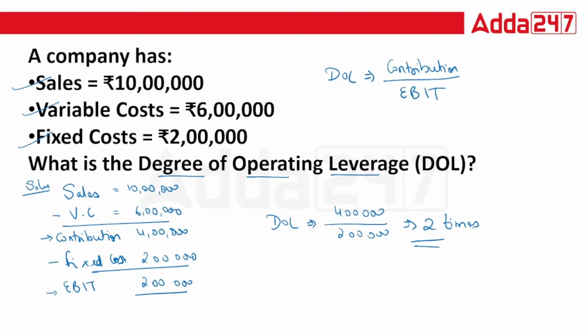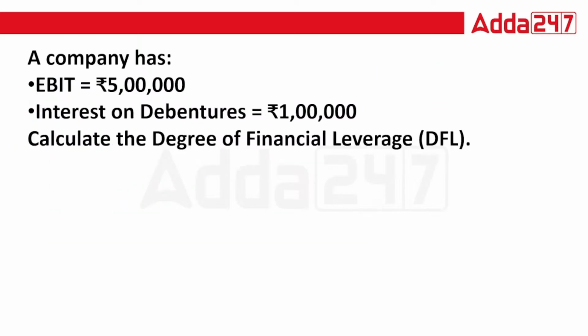Now, next question. A company has EBIT 5 lakh, interest on debentures 1 lakh. Calculate the degree of financial leverage. Okay, so again, if I tell you about the income statement, we start with sales minus variable cost, contribution.